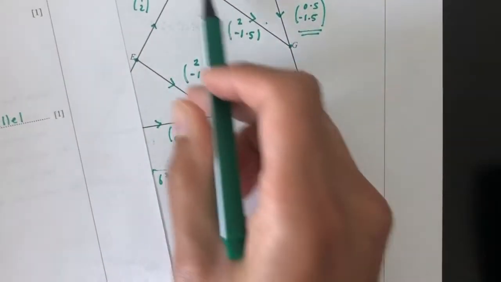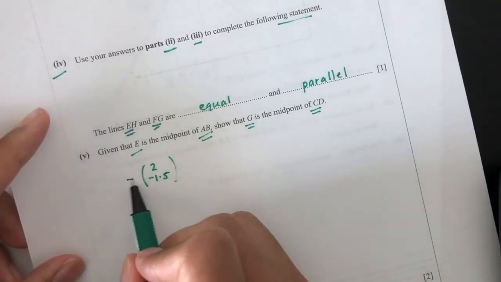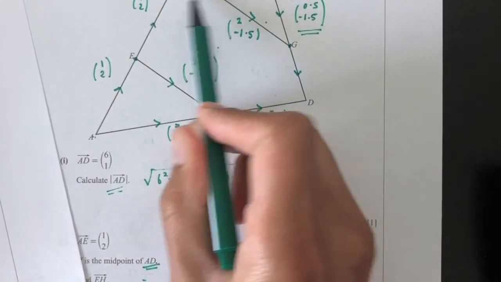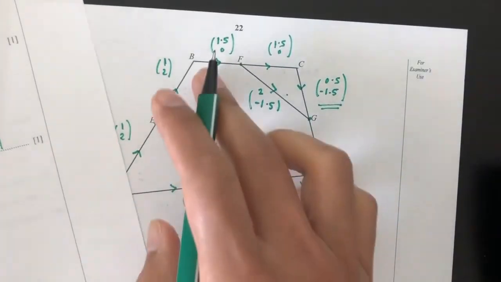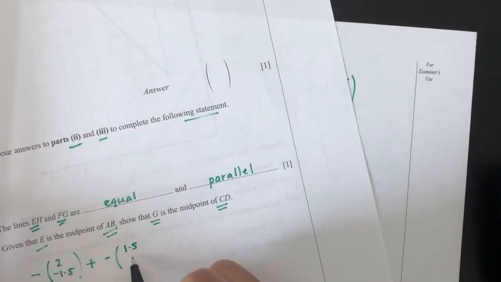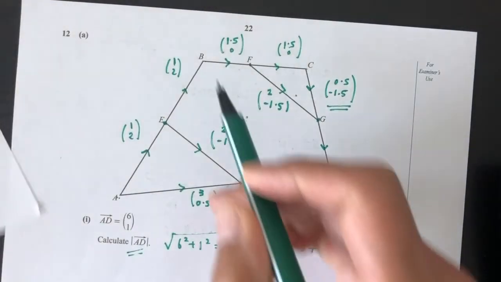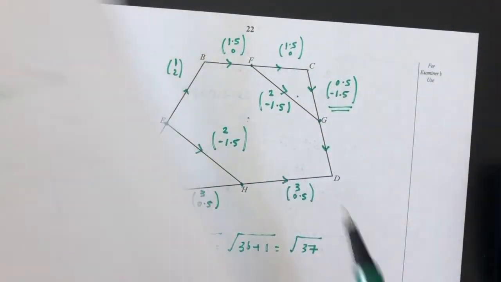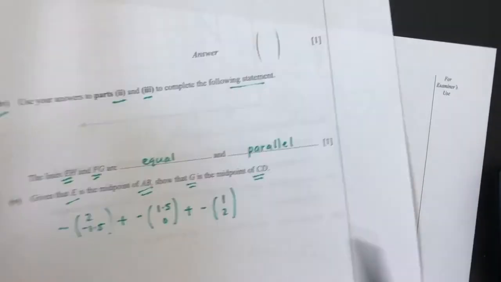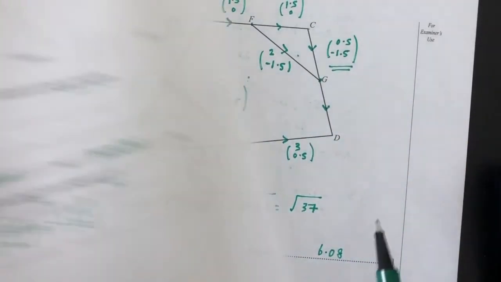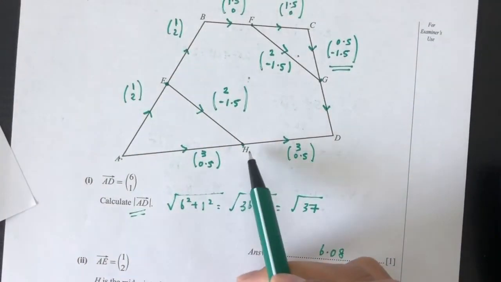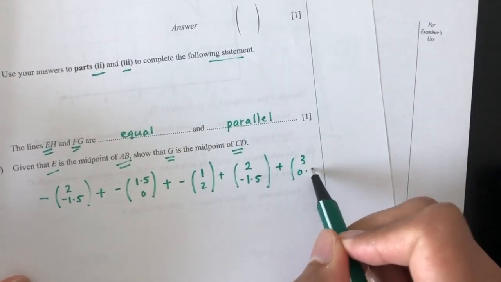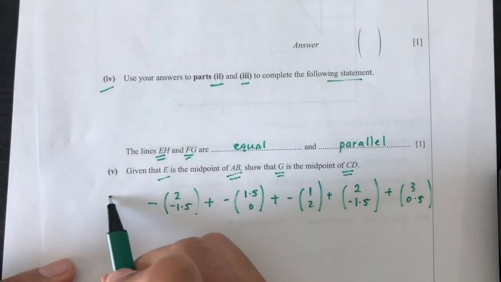GF will be in this direction, so that will be negative, plus FB, which will be negative as well, of 1.50, plus BE, that will be minus 1, 2, and we have EF in this direction, plus 2 minus 1.5, and then we have HD, 3, 0.5, so plus 3, 0.5, and all this is the value of GD.